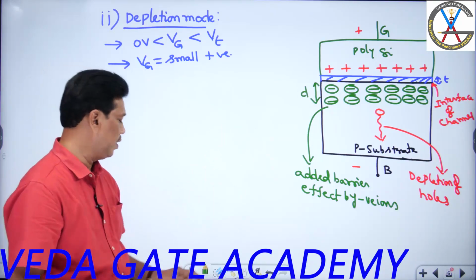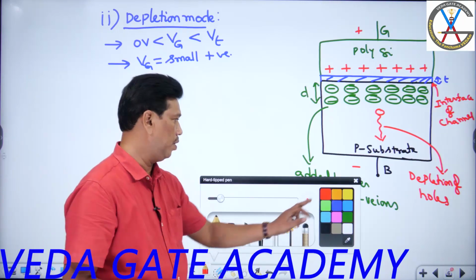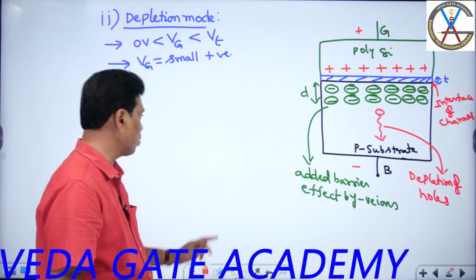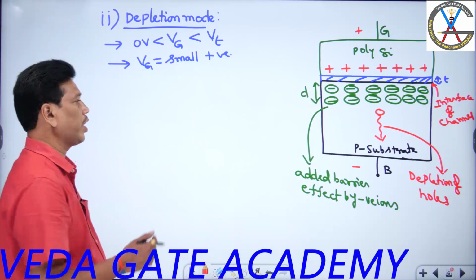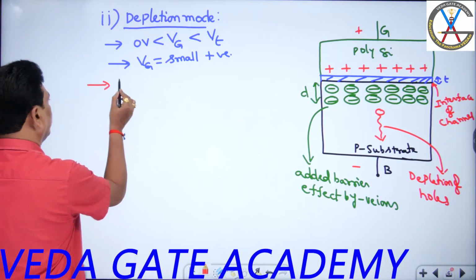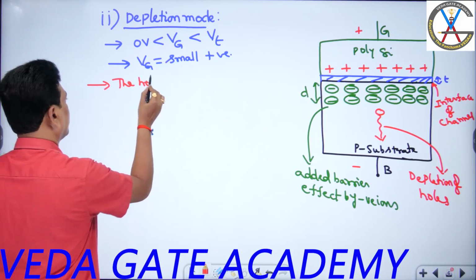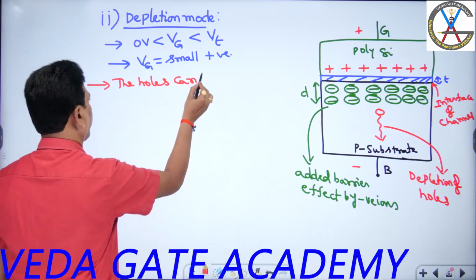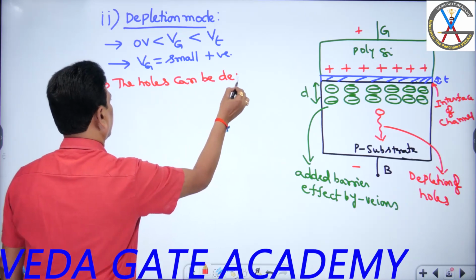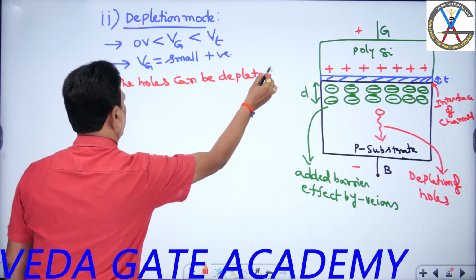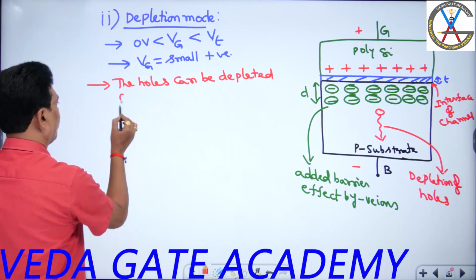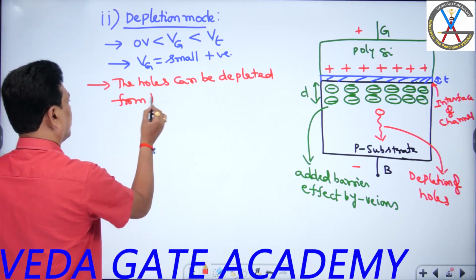Confirm my option, students. What I told you here, with the small positive gate voltage, in this case, by attraction, the holes can be depleted. Confirm. Depleted means moving away, students, from the channel interface.